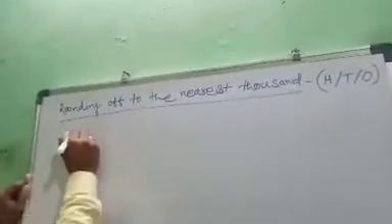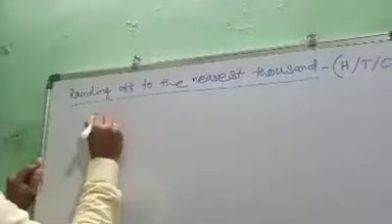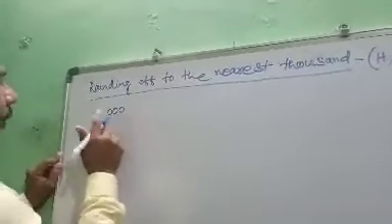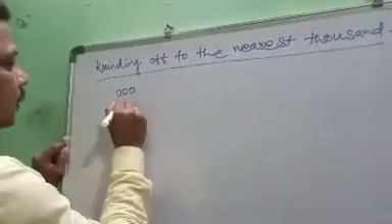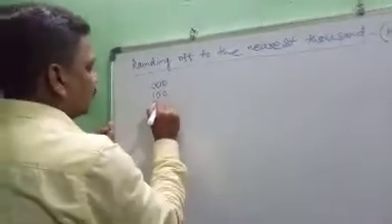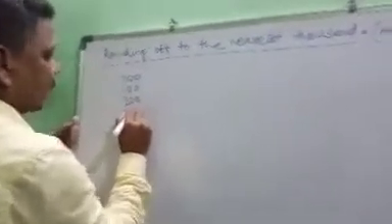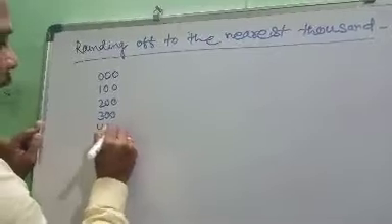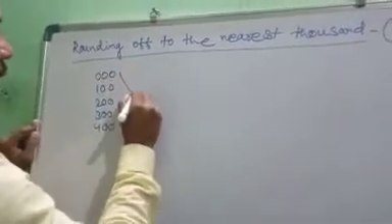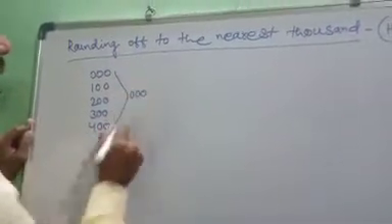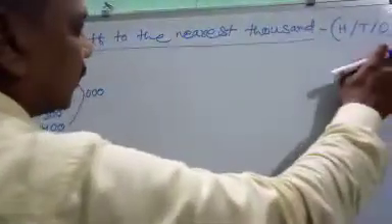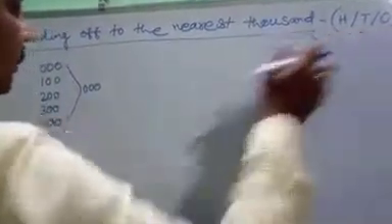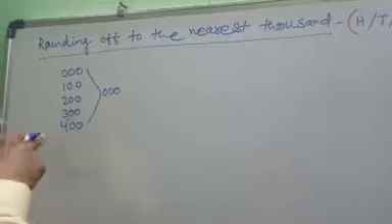So let's write the formula. If the hundreds place is 100, 200, 300 and 400, its value will become 0. I have written 3 places because I have to round 3 places.